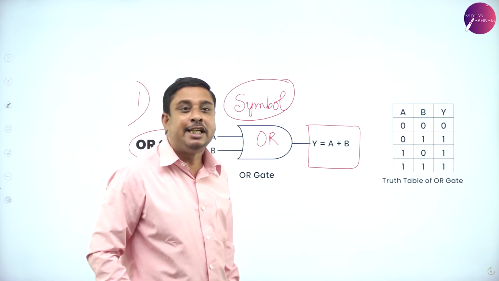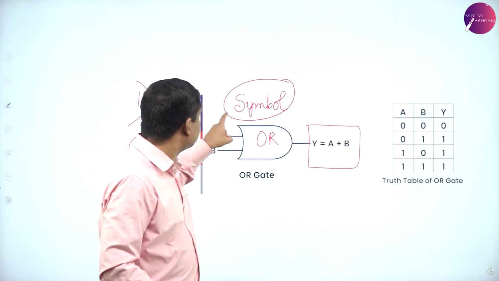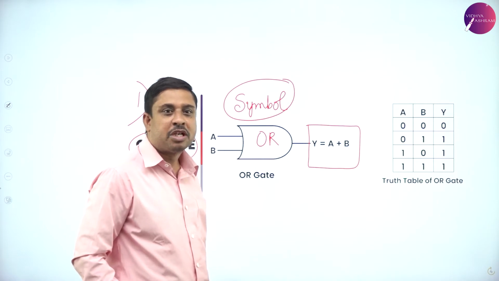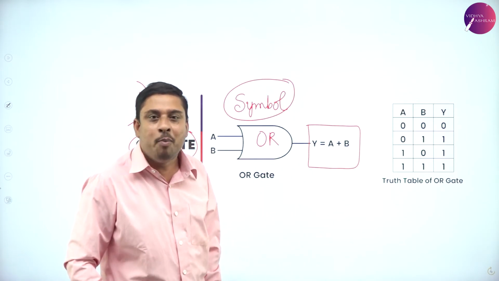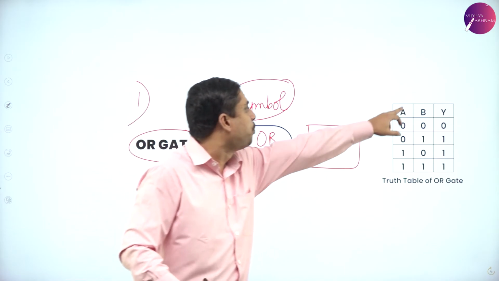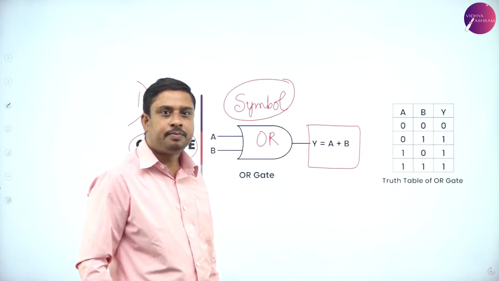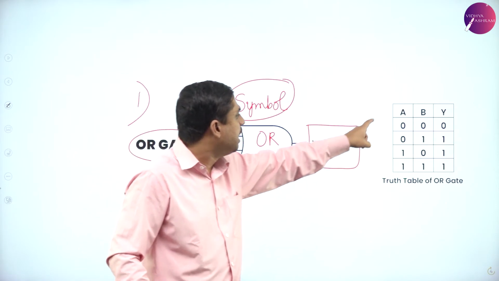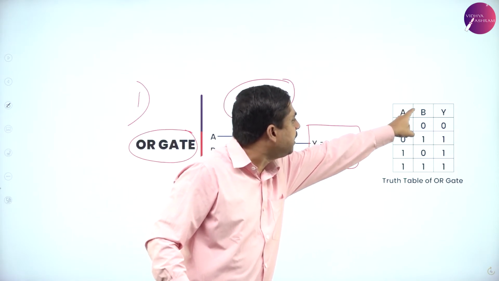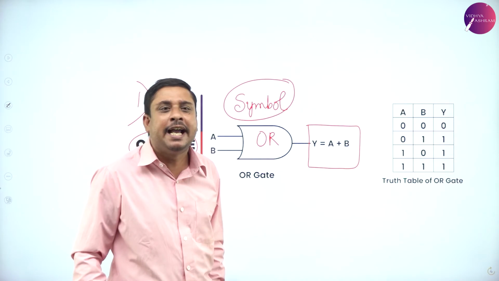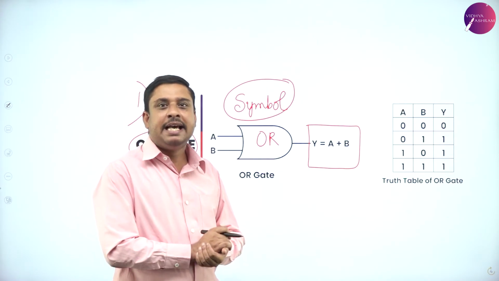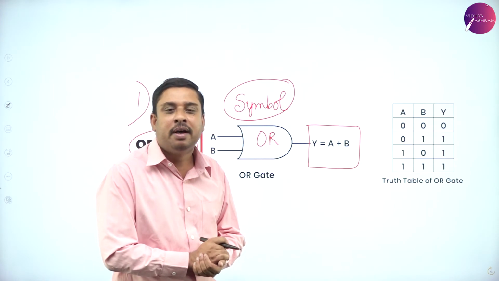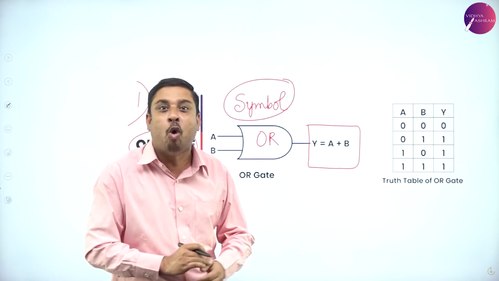Now constructing the truth table. How many inputs? Two inputs, A and B. How many outputs? One output, that is Y. Now, I consider both the inputs as 0. A is 0, B is 0.